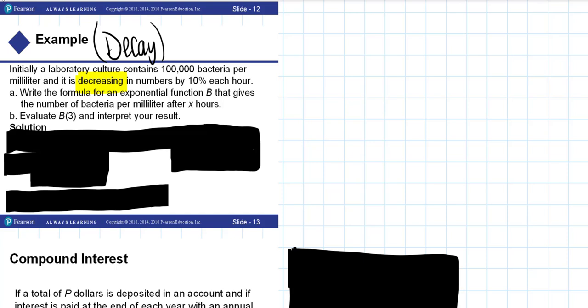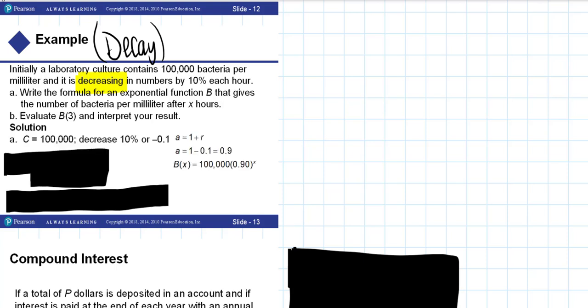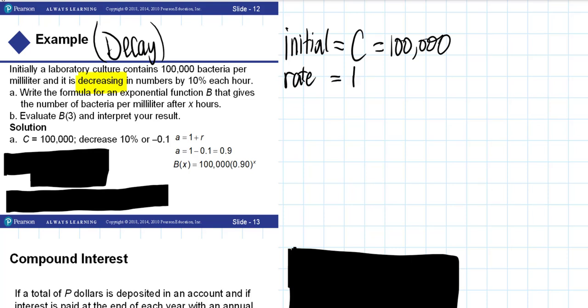Well, they give us a bunch of information, and we can pull out all the pieces. So our initial amount, which is what they call C, is 100,000. Our rate, what they call R, is 10%. Okay, but it's decreasing.